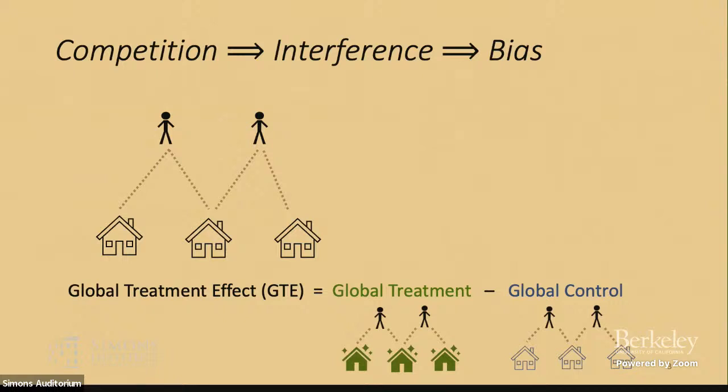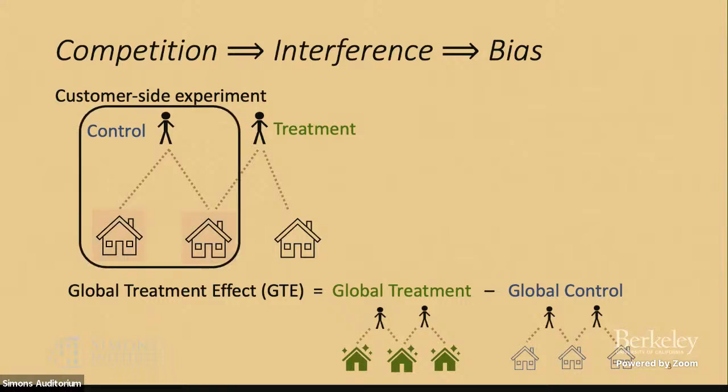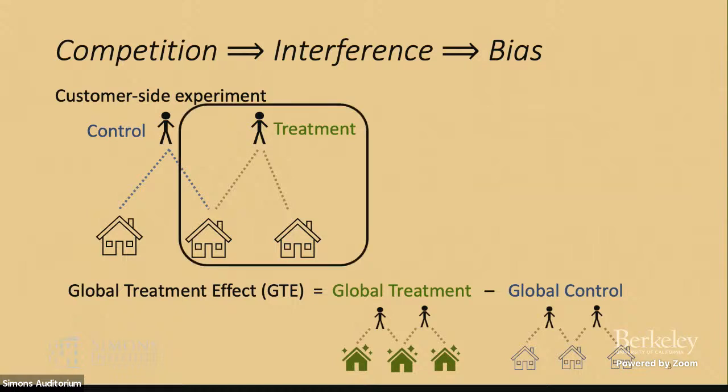So again, the estimate that you care about is this global treatment effect. And suppose that you introduce this customer-side experiment so that a control customer will see the old listing photos, and a treatment customer will actually see the new listing photos, but they might overlap in the listings that they see or interact with.